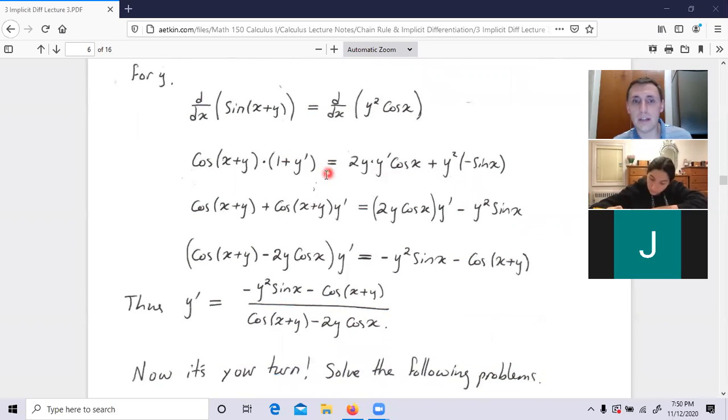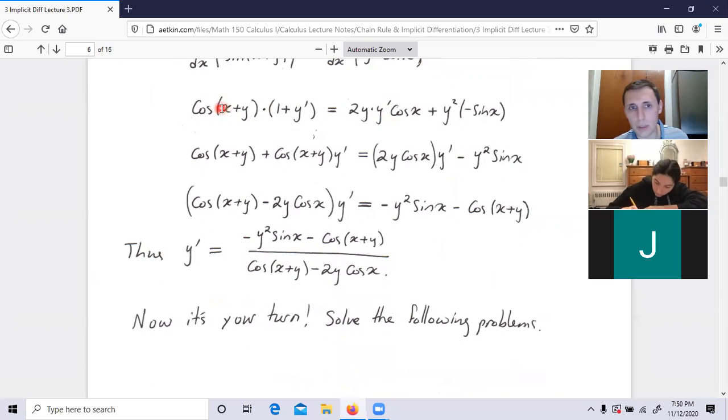So then remember, guys, what is my goal? My goal is to separate the y primes, right? Where do I see a y prime? I see it here, and I see one in here. So to separate, first I distribute the cosine (x plus y) to 1 and y prime.